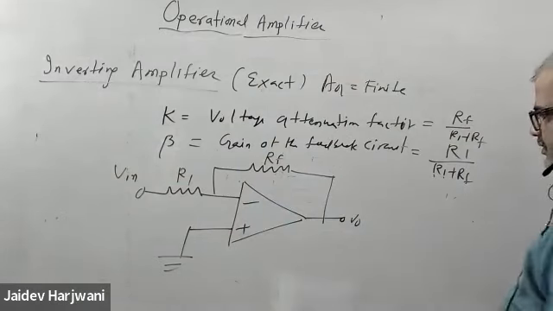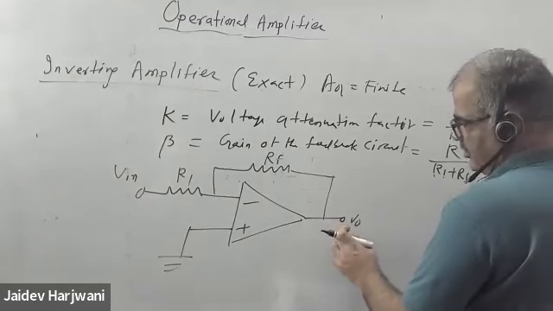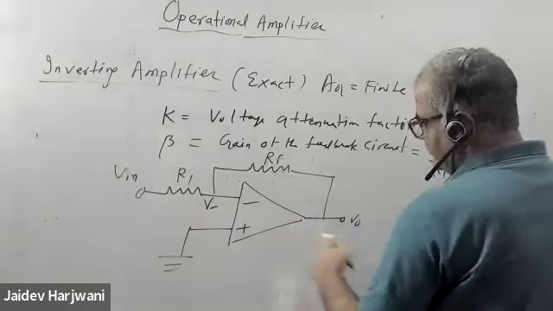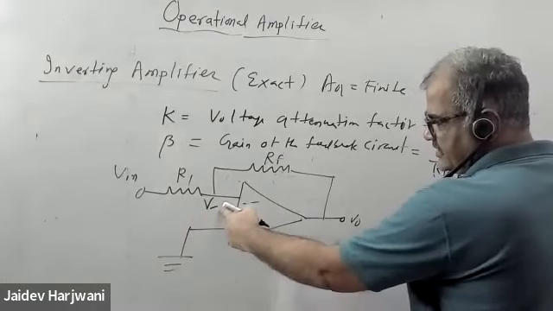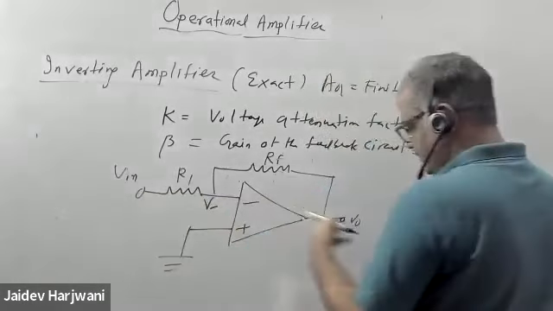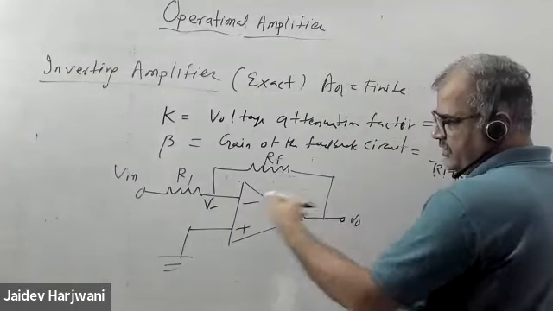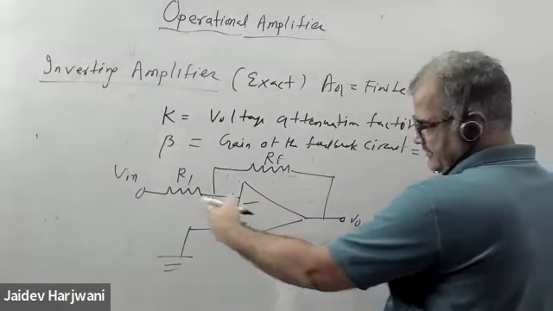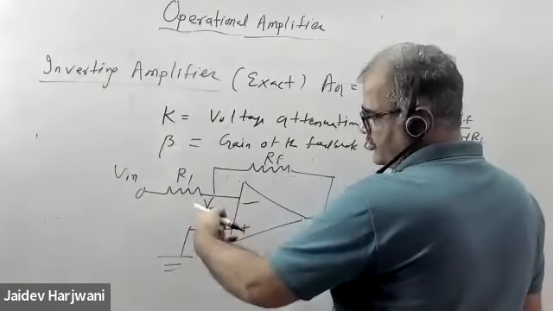Now, if I want to calculate how much voltage V minus is coming, V minus is basically the sum of this voltage and this voltage. This gives the contribution as V feedback. This is the direct contribution, V input.